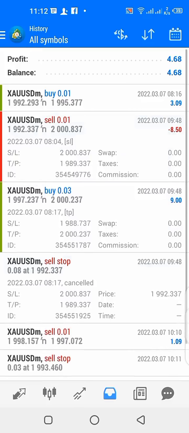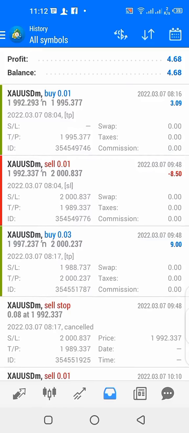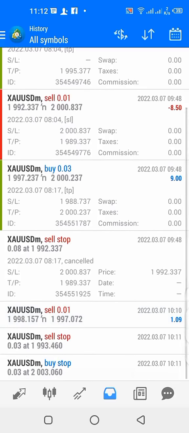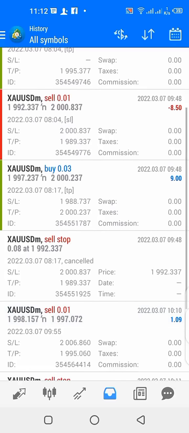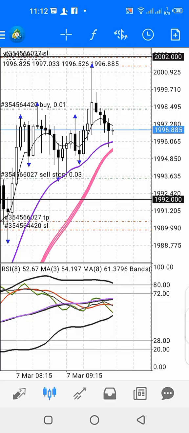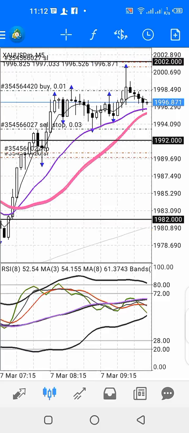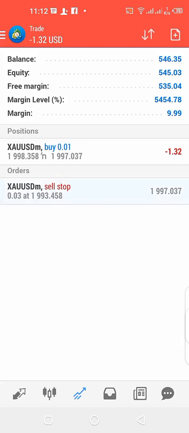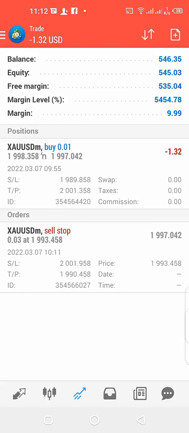So what I'm going to do is to manage the running trade, which is a buy trade, with the Grail Hedge strategy. I've initiated my expert advisor, my robot, and it has already placed a sell stop of 0.03. Okay, and it has managed my TP for 30 pips for both the buy and the sell stop.